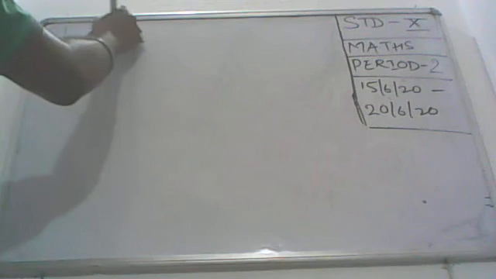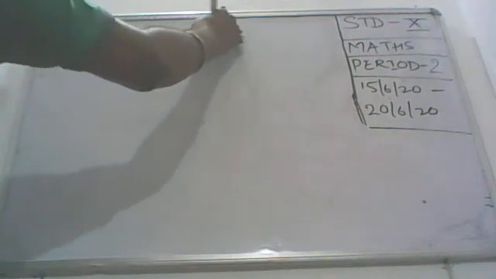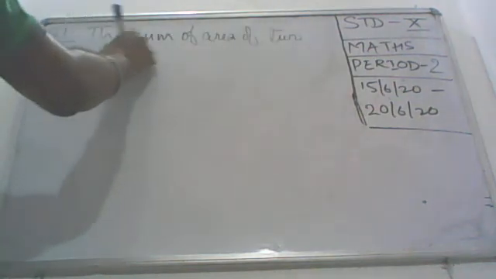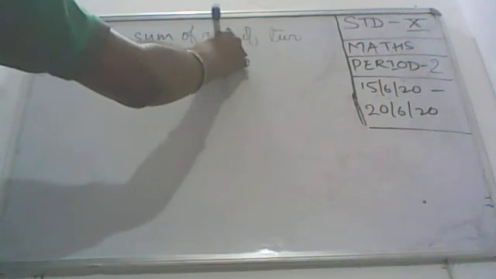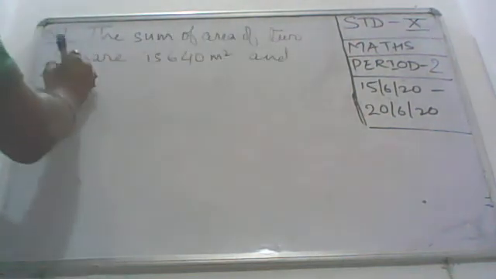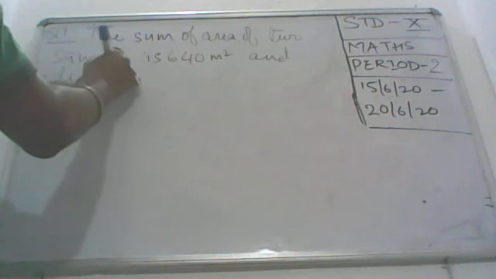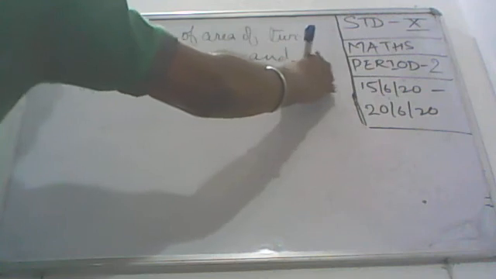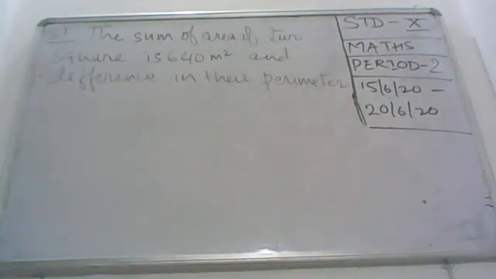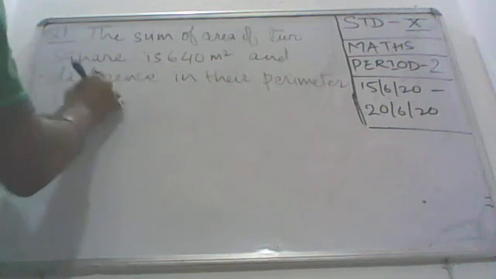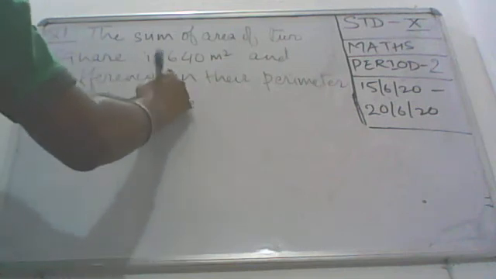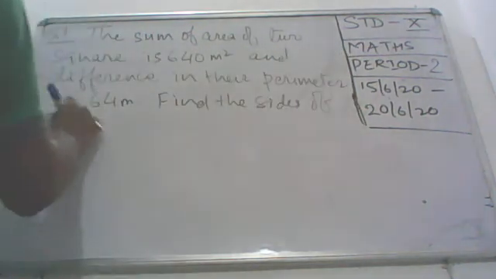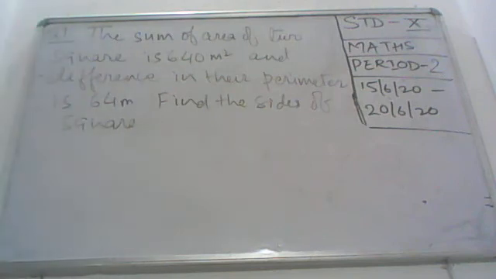The sum of area of 2 squares is 640 meter square, and the difference in their perimeter is 64 meter. Find the sides of the squares.